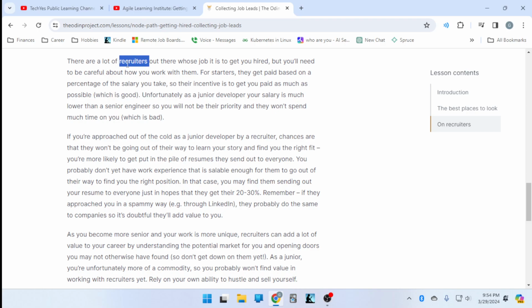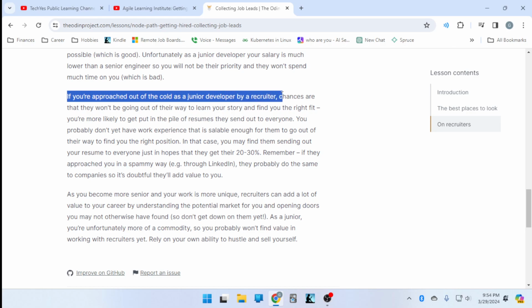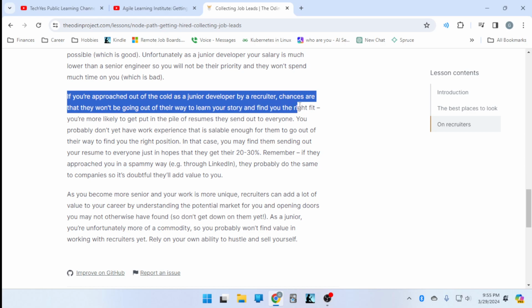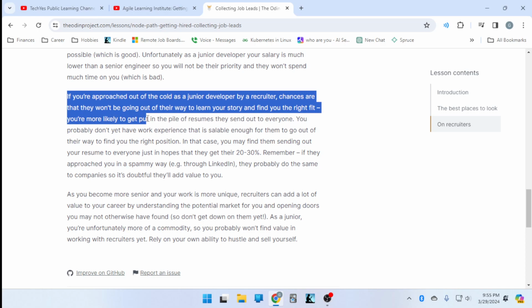So finding recruiters sounds like a good strategy if you've got quite a few years of experience. If you're approached out of the cold as a junior developer by a recruiter, chances are that they won't be going out of their way to learn your story and find you the right fit. You're more likely to get put in the pile of resumes they send out to everyone.